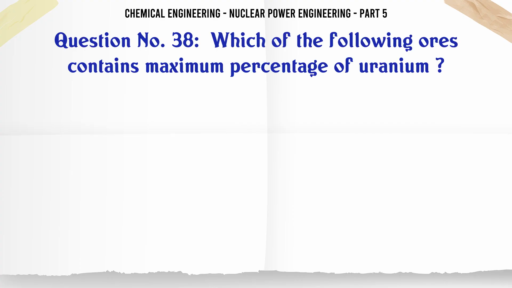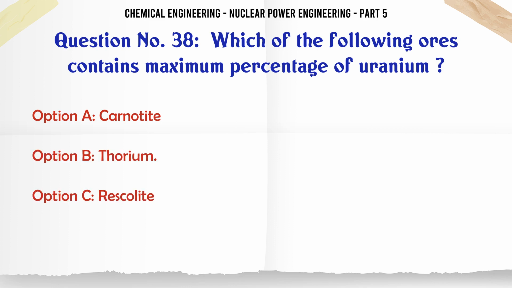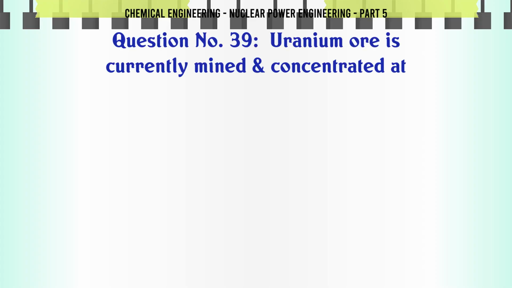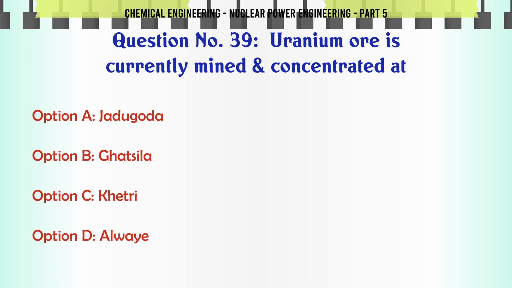Which of the following ores contains maximum percentage of uranium? A. Carnotite, B. Thorium, C. Riscolite, D. Pitchblende. The correct answer is pitchblende. Uranium ore is currently mined and concentrated at A. Jadugola, B. Gutsila, C. Khetri, D. Alwai.